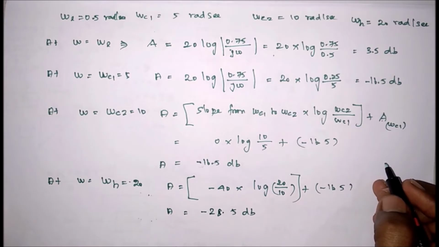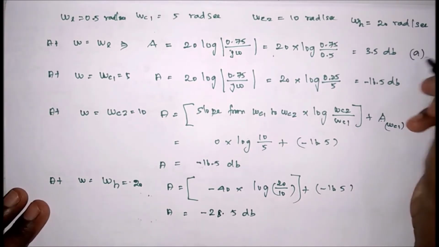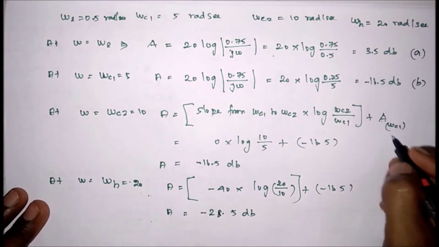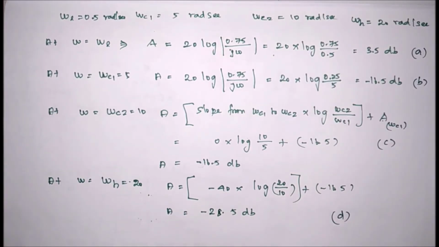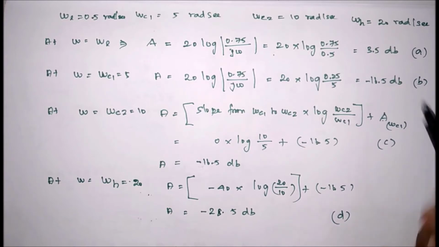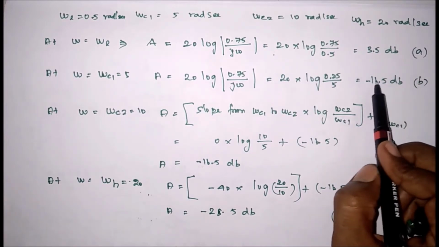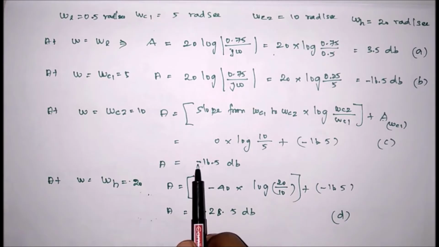Now we can consider this as point A, this is point B, this is point C, and this is point D. On a similar sheet, the magnitudes are 3.5, minus 16.5, minus 16.5, and minus 28.5.